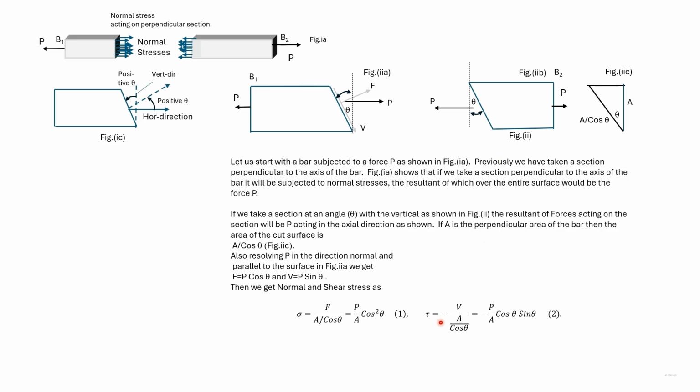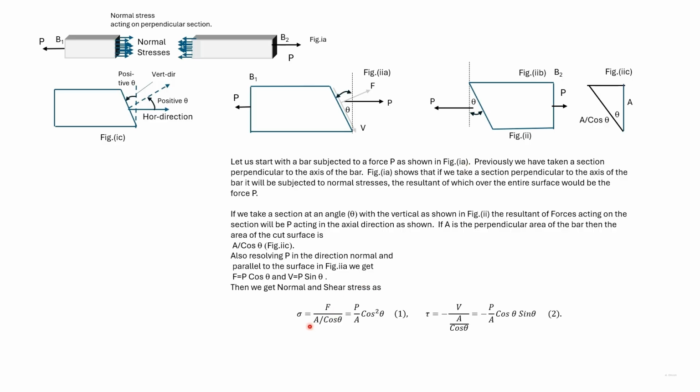Tau is given as minus V by the area of this inclined portion, which is A divided by cos theta. So we get tau as minus P by A cos theta sin theta. The minus sign in shear stress is related to the fact that we take upward shear stress on this plane as positive.